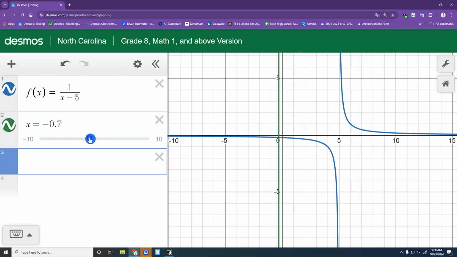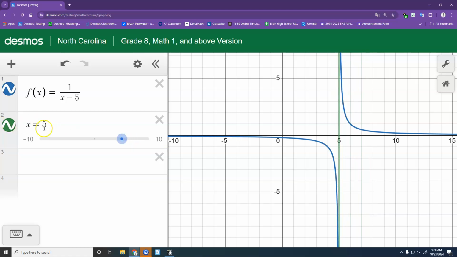Okay, there we go. We got a slider. If I go back and forth, my line hits the graph everywhere that I'm looking at, except where? 5. So this graph exists everywhere except for your discontinuities.